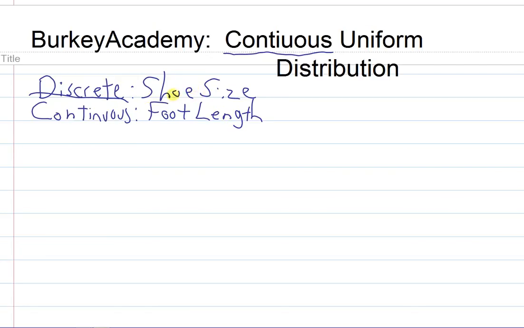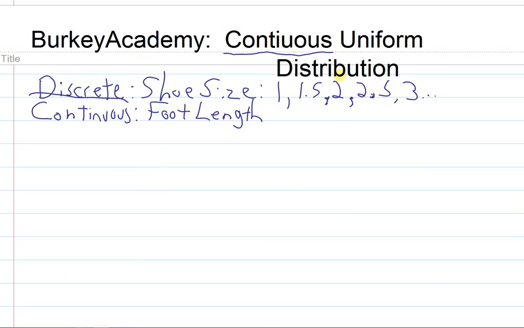Well, in the United States, shoe sizes are usually something like 1 or 1.5, 2, 2.5, 3, etc. And there doesn't need to be any upper limit on what the shoe size could be, but this is discrete because there are only certain little points where the probabilities could exist.